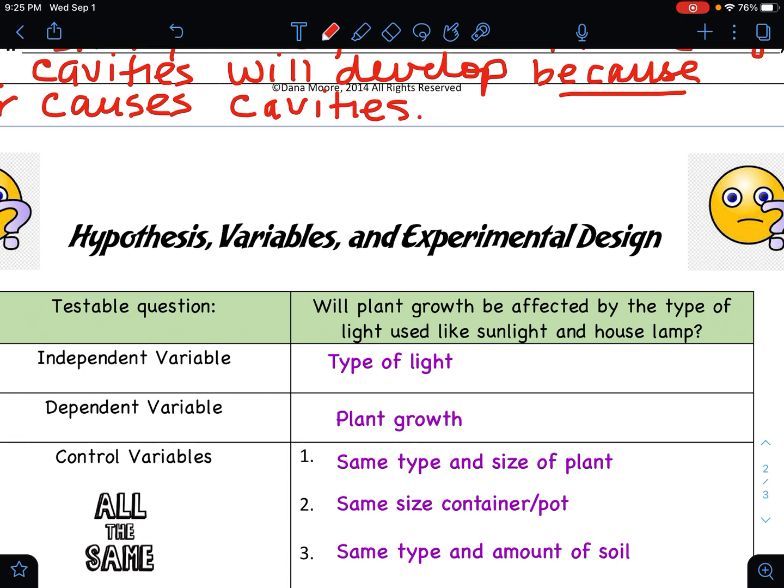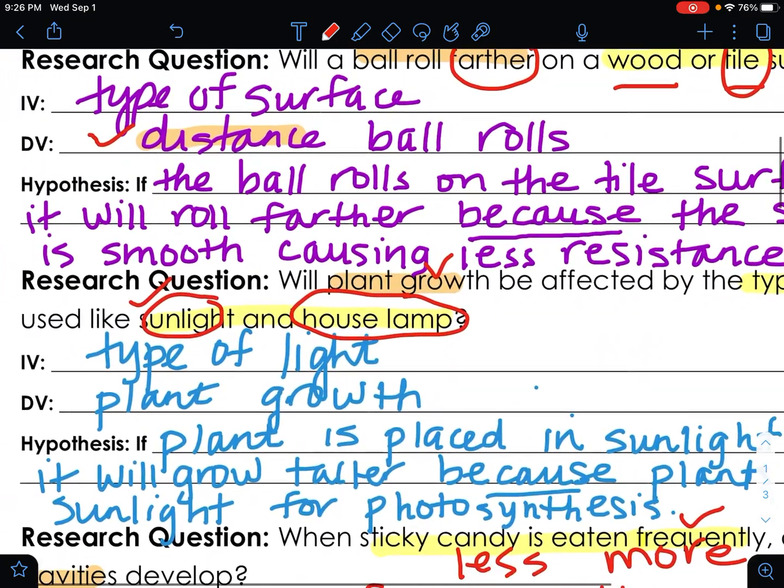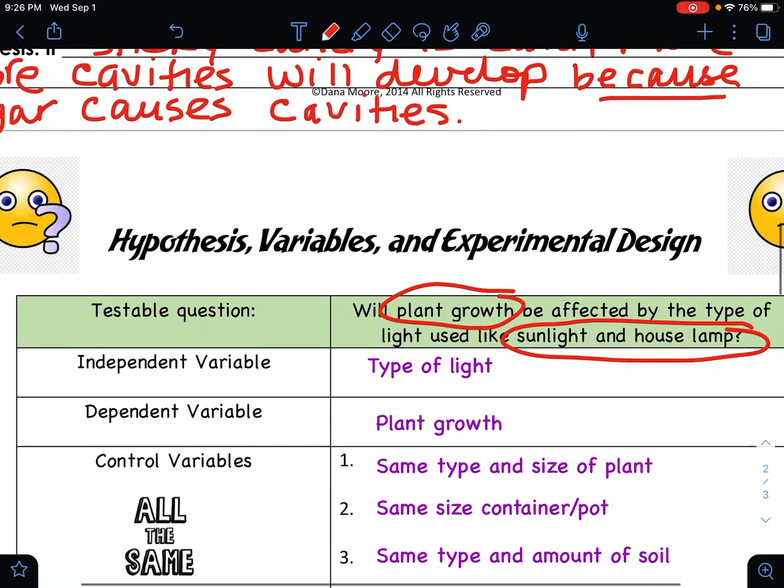All right, so our testable question is, will plant growth be affected by the type of light used like sunlight or in house lamp? All right, so we already identified our independent variable being the type of light, one of these two, right? And then our dependent variable is going to be plant growth. All right, we've already done that from this research question up here.